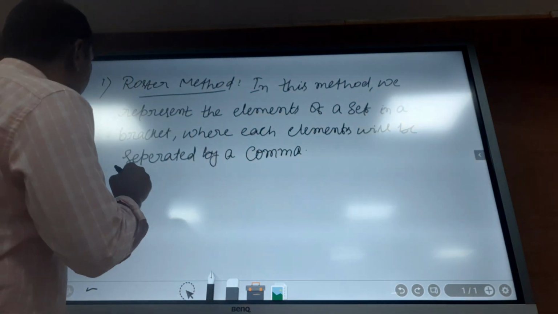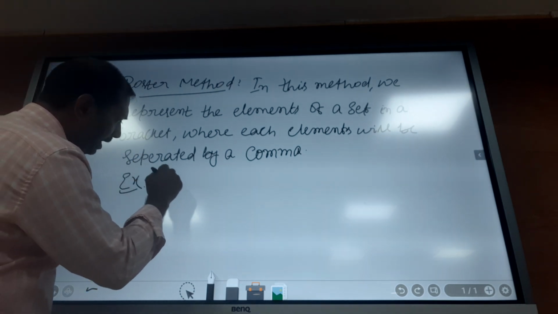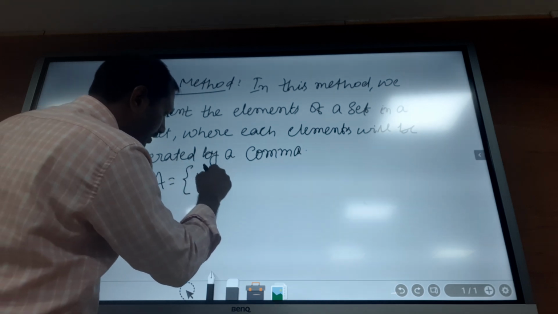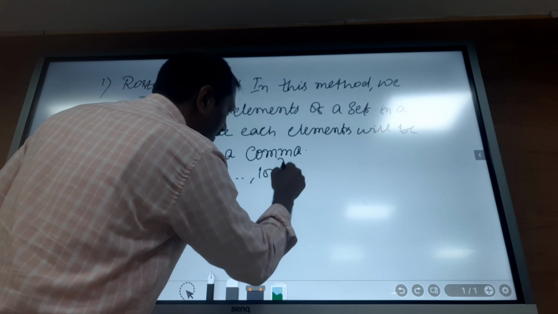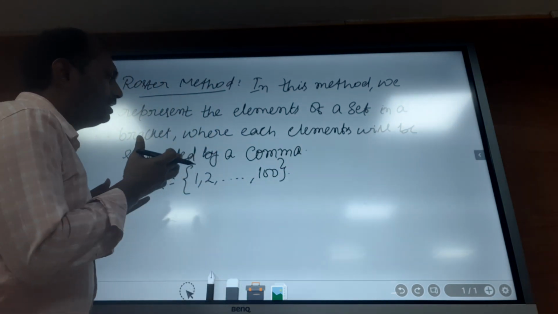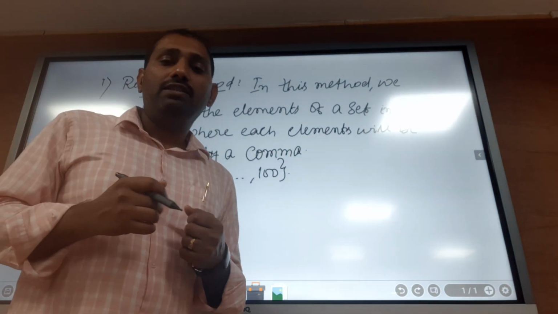For example, A is the set of natural numbers from 1 to 100. So this is a set, and here we represent the elements of the set by the roster method.